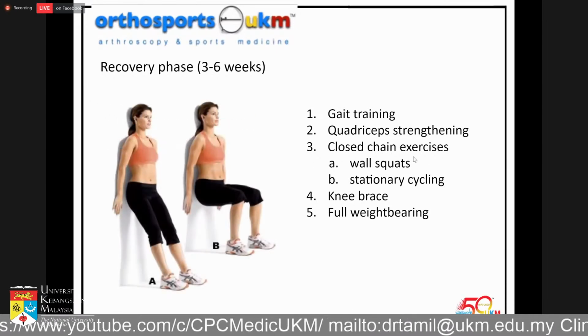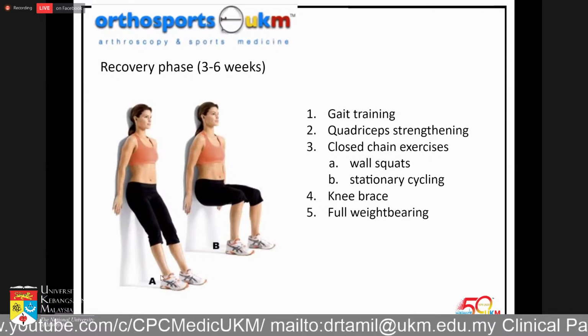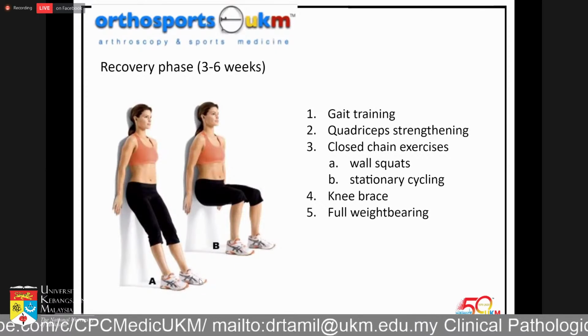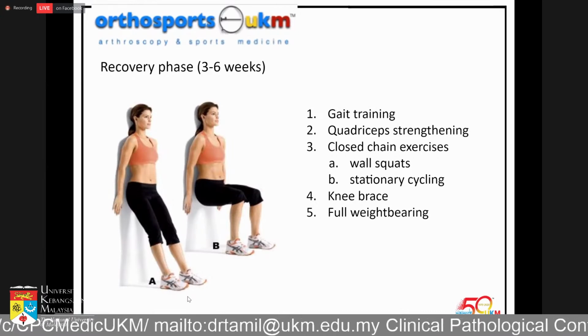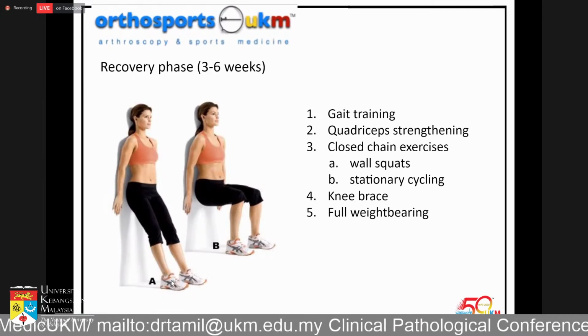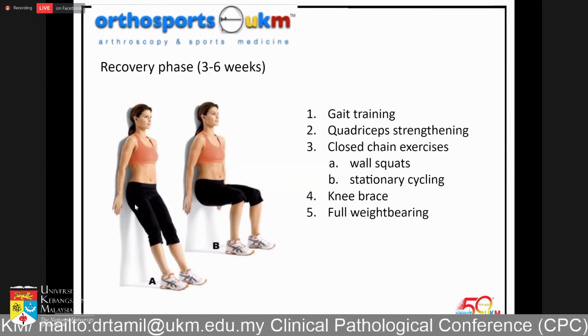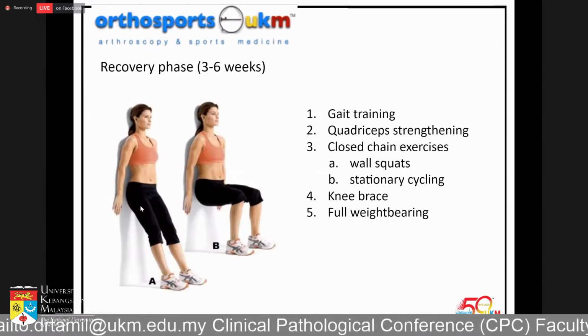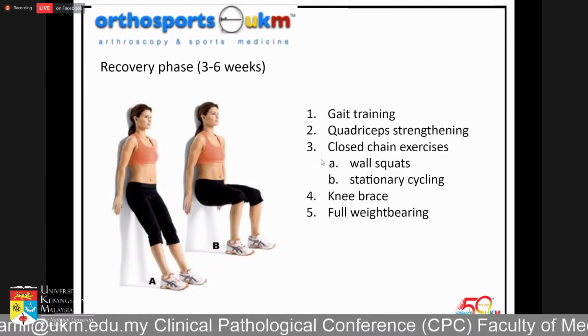A closed chain exercise means the terminal end is fixated, for example, the foot is fixated on the floor. So when the patient bends down, there will be co-contraction of the hamstring and the quadriceps muscles.